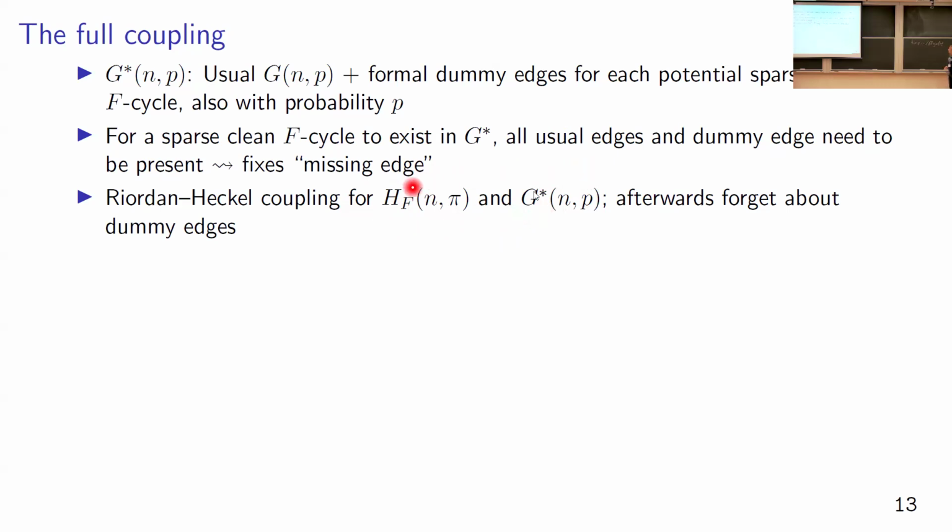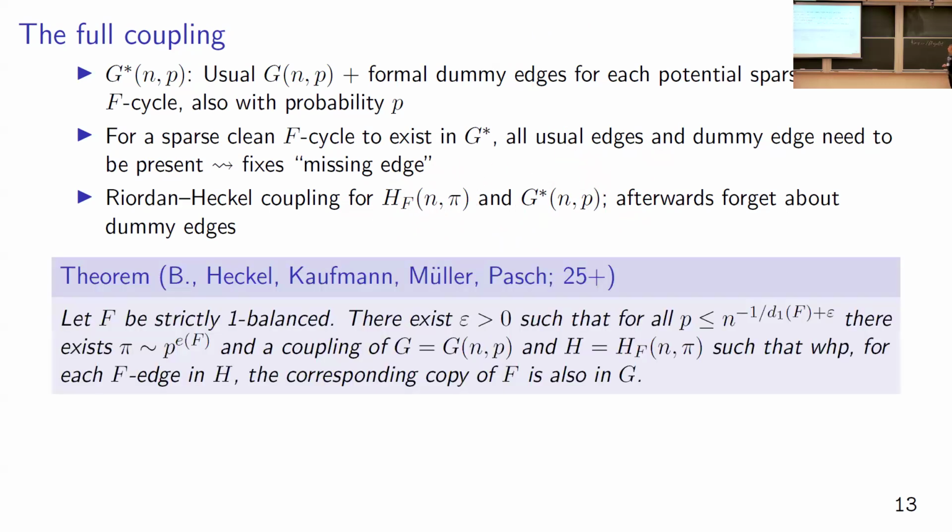And then conditioned on this, you run the Riordan coupling on whatever remains, and you get H_F and G star with the right probabilities, and you can forget about dummy edges afterwards. And then if you forget about the dummy edges, then on this side, you will just have G(n,p). Okay, so what this means is, if you then show that you can actually do all these things, you get the following result.